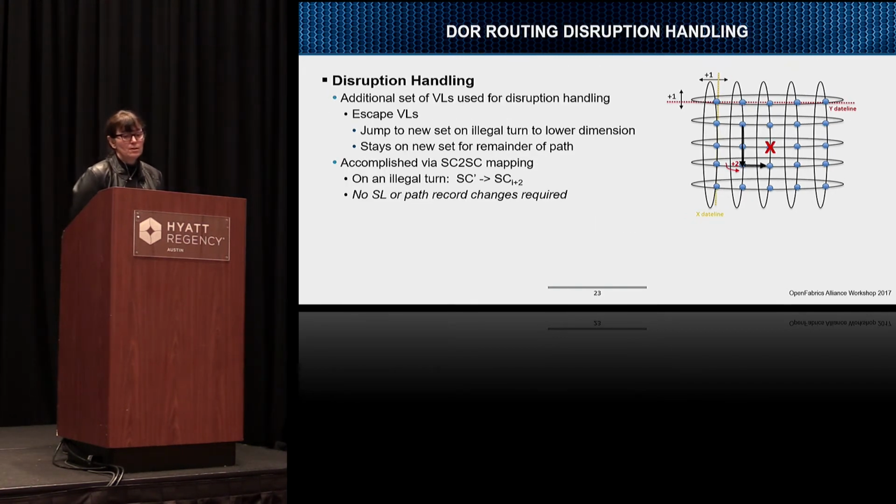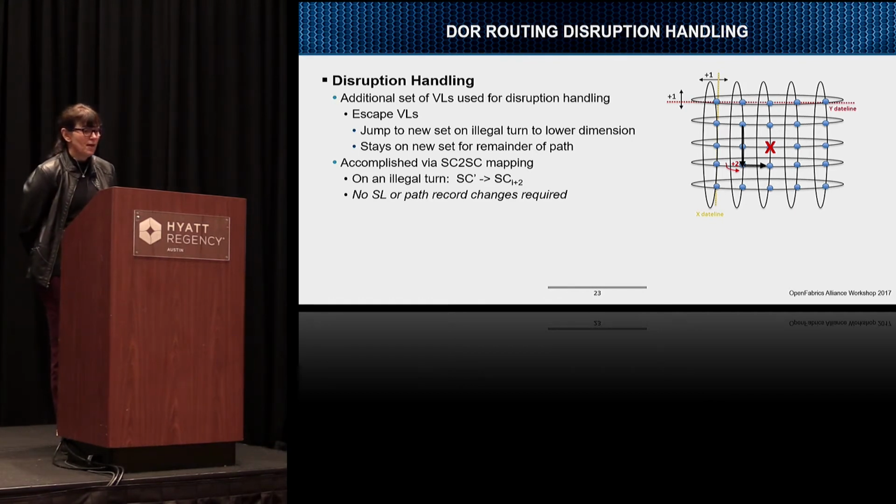An issue with this routing, of course, is if you have some fabric disruption. For instance, we have a switch down here. We can't route X, Y any longer. We have to route in the YX direction. So we do this by introducing a new set of VLs called escape VLs.